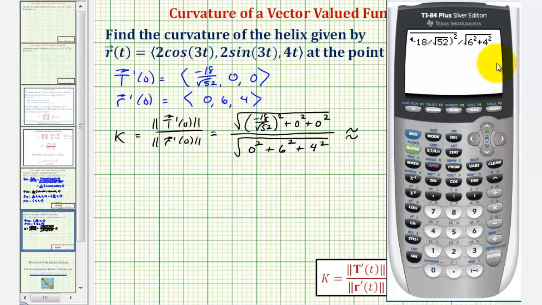Right arrow, and now we can just press enter, and notice how the curvature is approximately 0.3462.